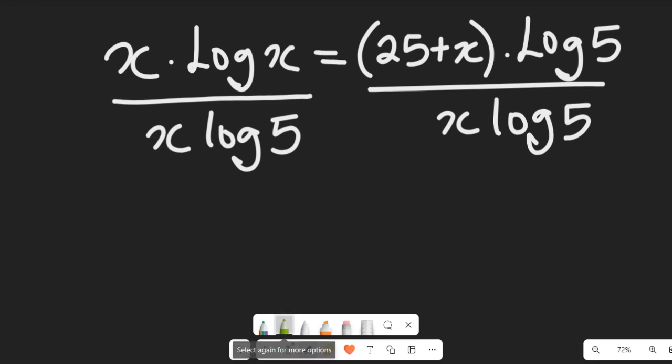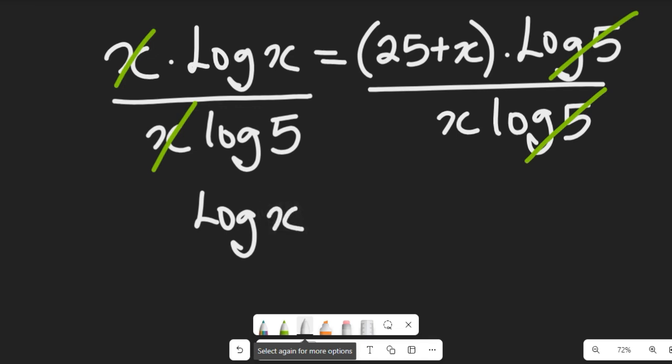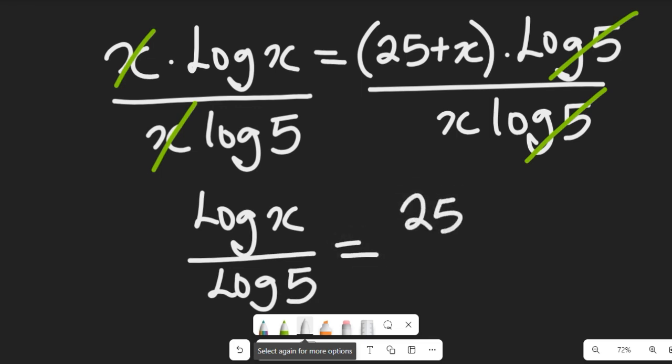Now if I do that, x is going to clear off x, and log 5 is going to clear off log 5, and I will be left with log of x divided by the log of 5, and that will be equal to 25 plus x divided by x.